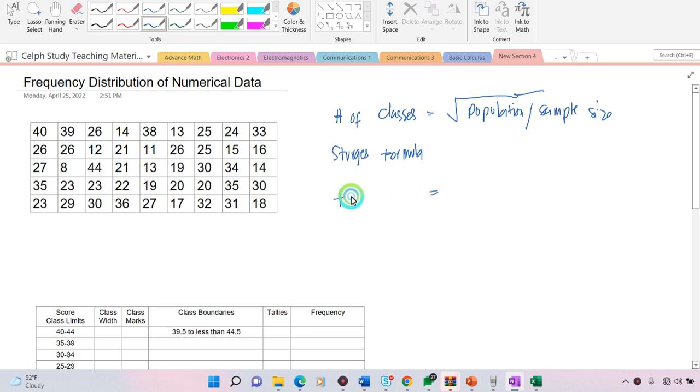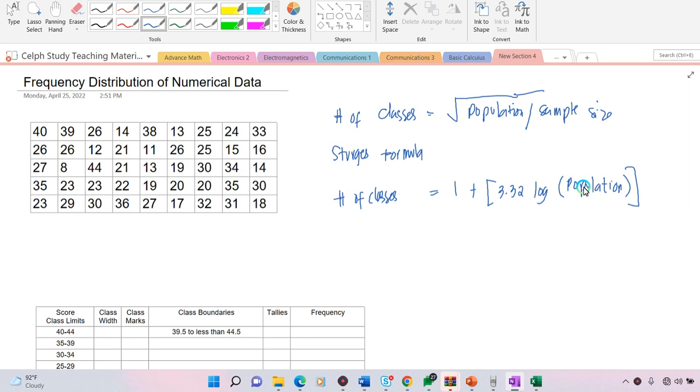So we have the number of classes equal to 1 plus 3.32 log of the population, or of the sample size.